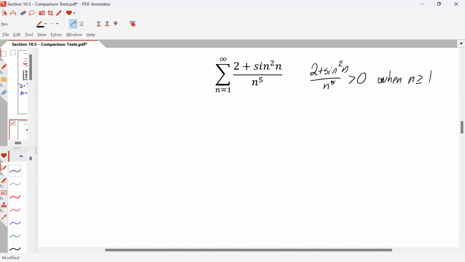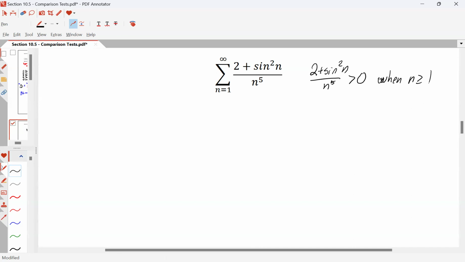Because, as we're just about to get into, we're looking at that sine squared n piece. And sine squared n is the only thing that could have been making this negative anywhere. n to the fifth is always positive when n is positive. 2 is definitely always positive, it's just 2.